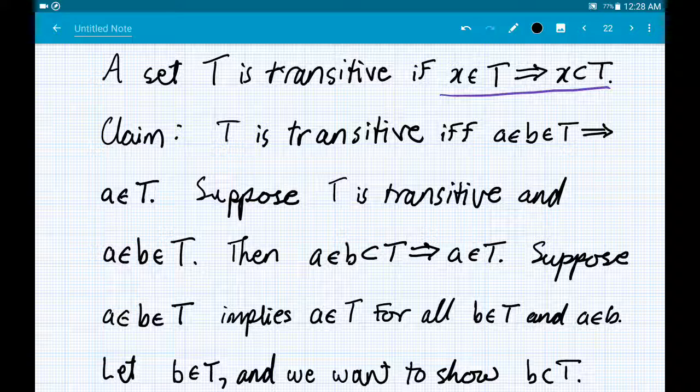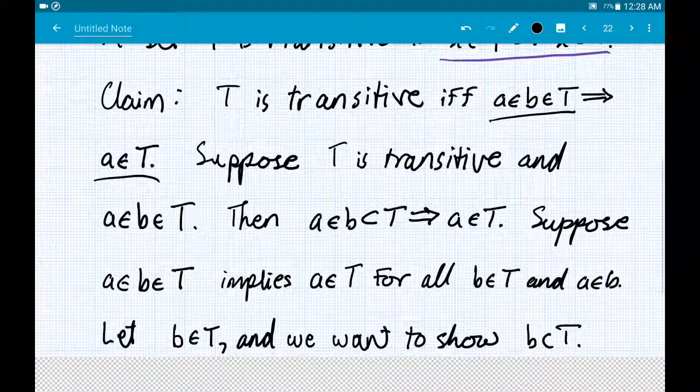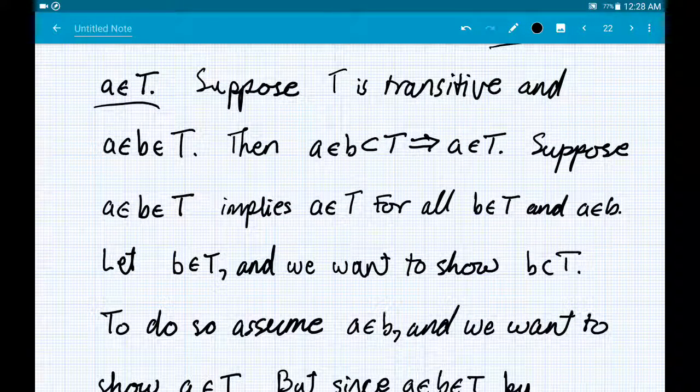I claim that a set T is transitive if and only if the inclusion relation is transitive in the sense that we typically understand that word to mean. Let's see a proof that this is in fact true. And in fact, I will use this property at certain points in my proofs.